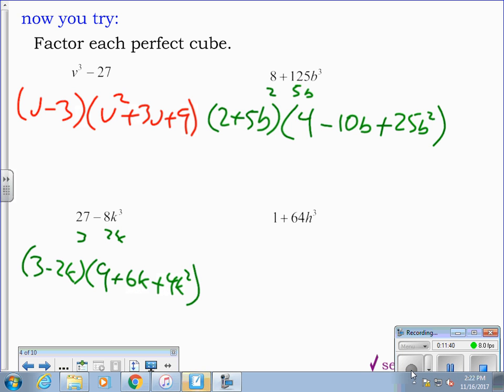Okay. And the last one, I'm cubing 1. I'm cubing 4h. 1 plus 4h. 1 minus 4h plus 16h squared. Okay, questions?